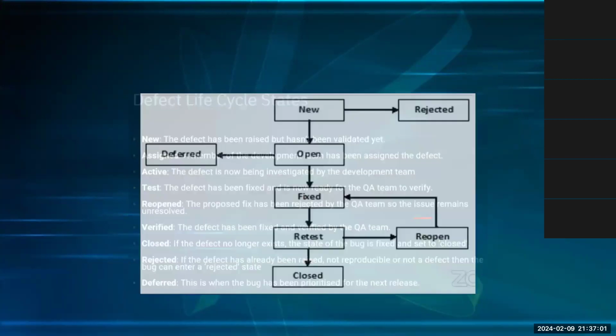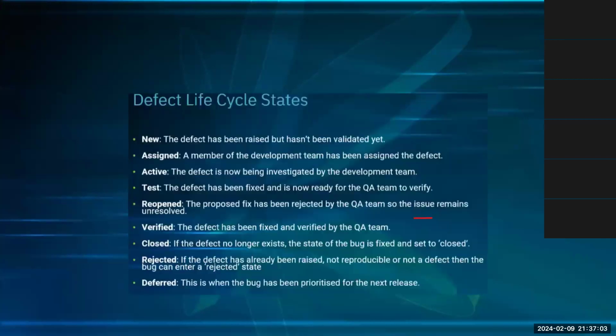As we continue, we'll get to know more about that. For defect life cycle, these are the process. So once a bug is raised, it becomes a new item. So it says the defect has been raised but hasn't been validated yet.